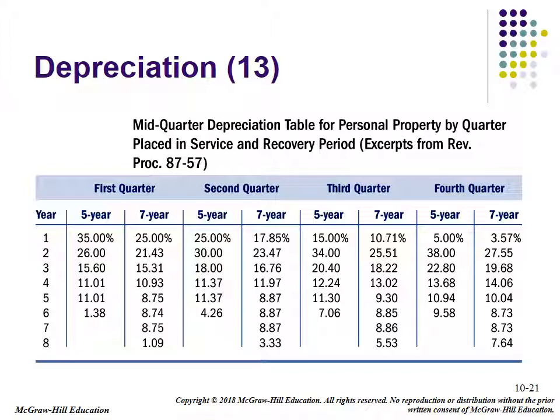For the furniture, you do the same process. Go to the 7-year column, first year cost recovery, $70,000 times 14.29%, and 70,000 times 0.1429, 14.29% would be $10,003. So that's how you use that table.